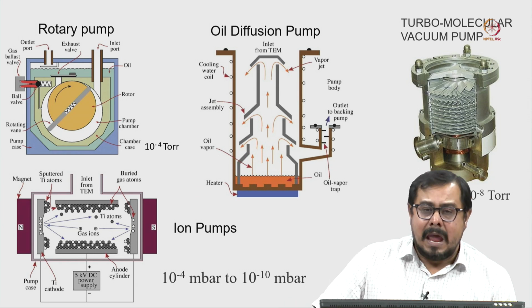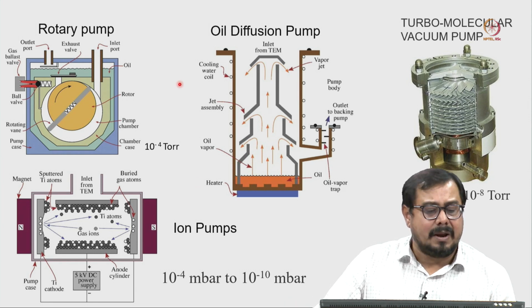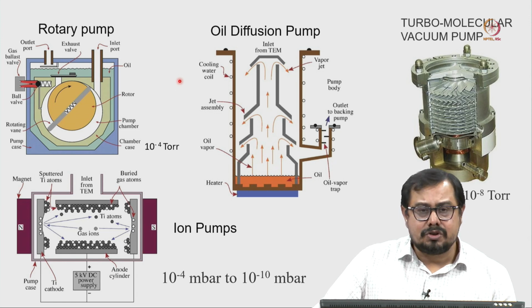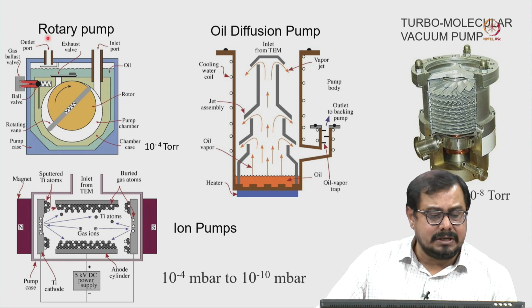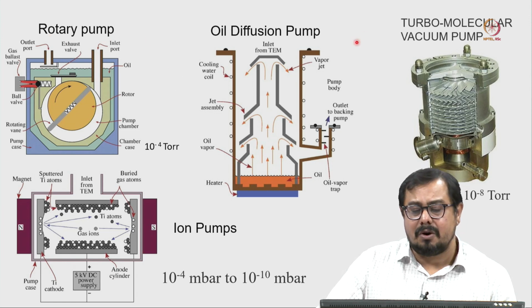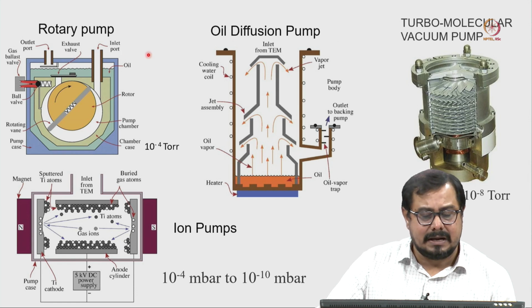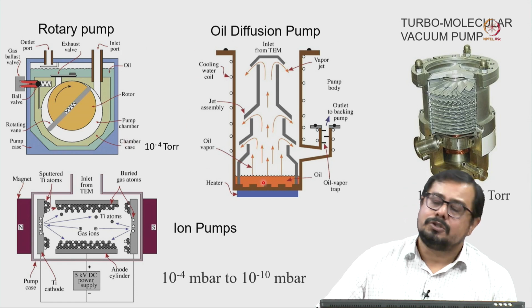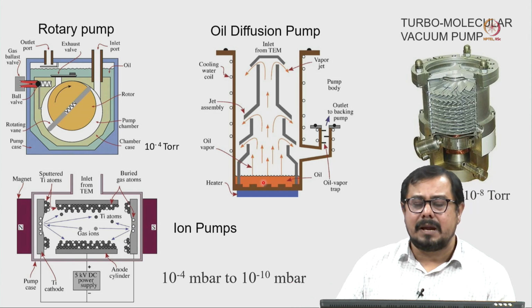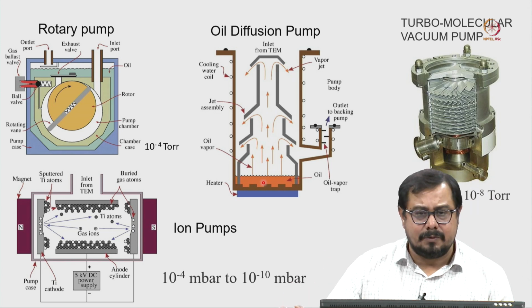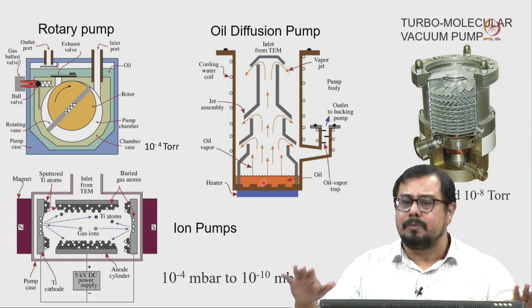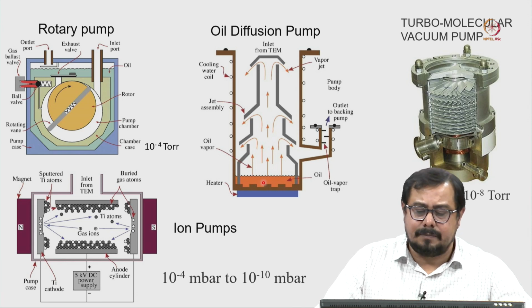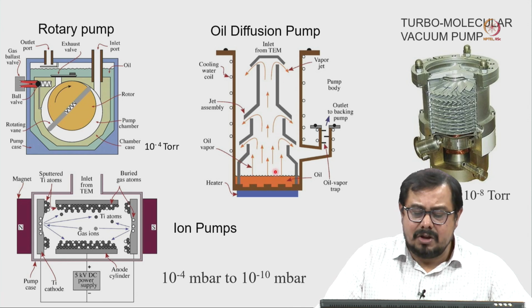So, how these pumps are working and how they are interconnected with each other, let us take a look. As I mentioned a couple of times, nowadays most microscopes do not use the rotary pump or the oil diffusion pump; they are not connected with the microscope anymore. Many old microscopes are connected with the oil diffusion pump, but recent microscopes are not, and the chances of contamination from the oil are very low.